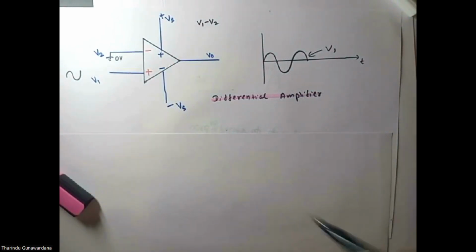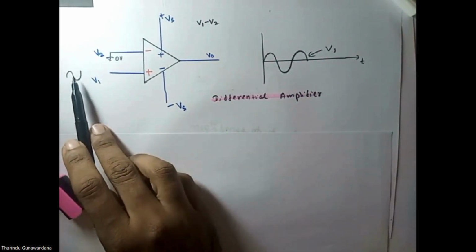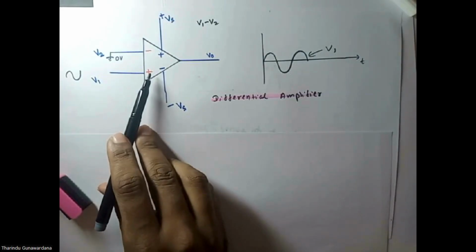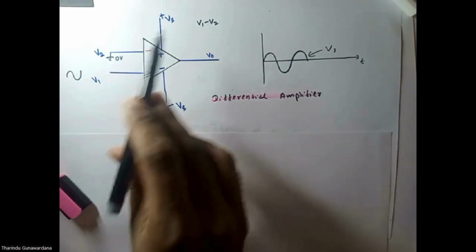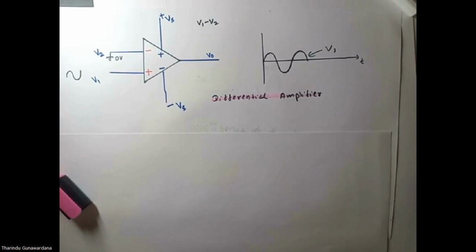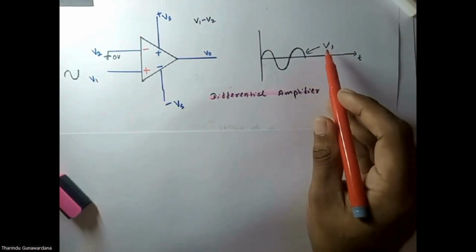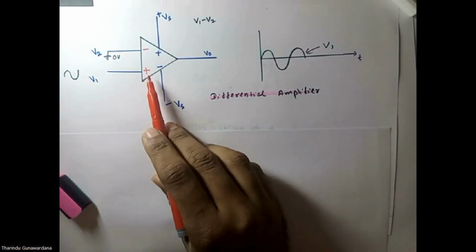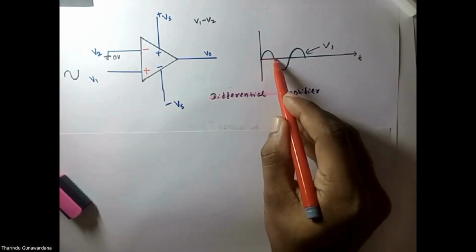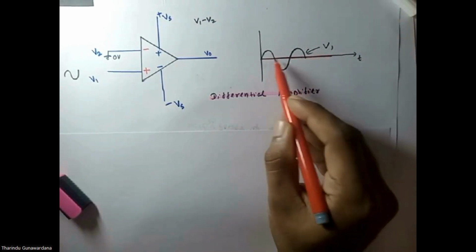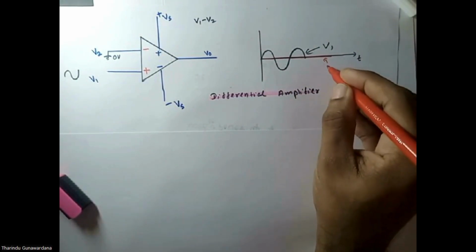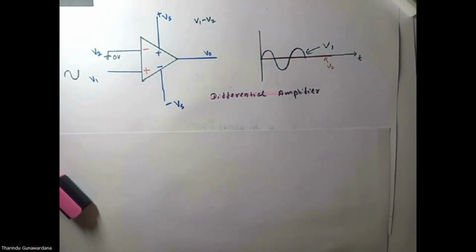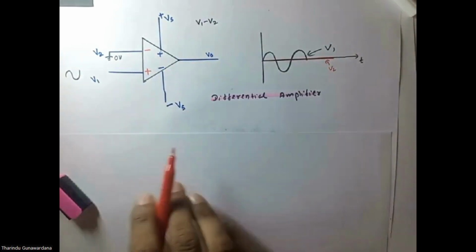Right, children. Now look here. This is the input, fed into this non-inverting input. What is the potential at V2? It's 0. Then what is V1 minus V2? V1 is fed into the non-inverting input, and V2 is 0. It's grounded. This red line represents 0 voltage. V1 minus V2 equals V1 itself, because V2 equals 0.